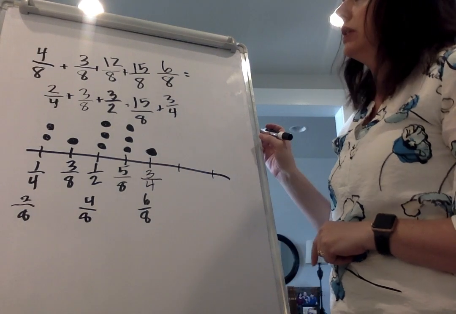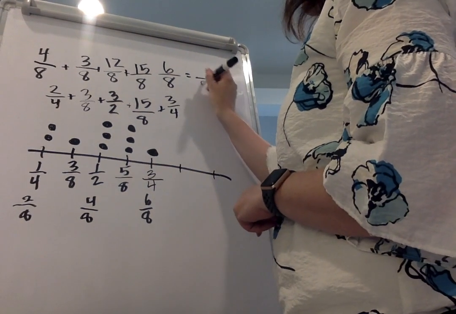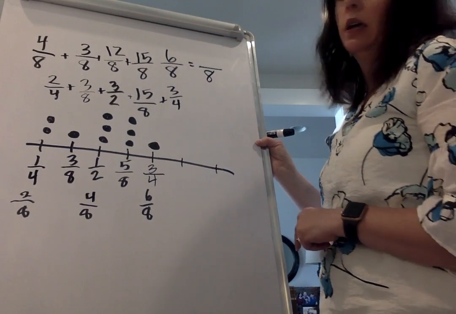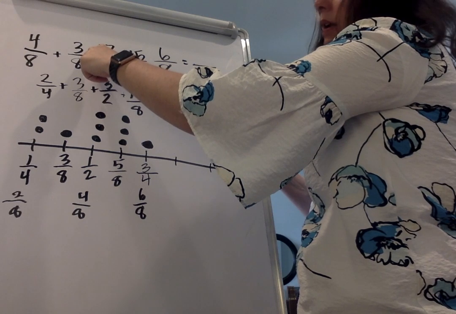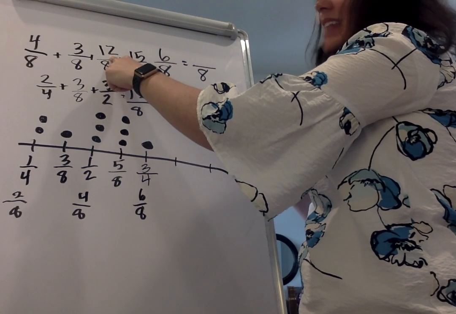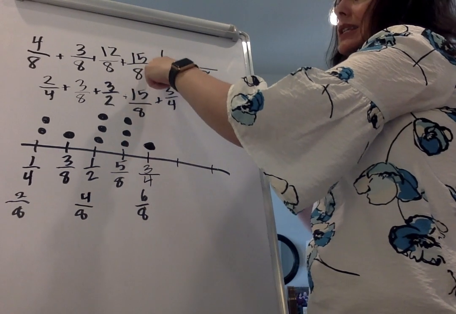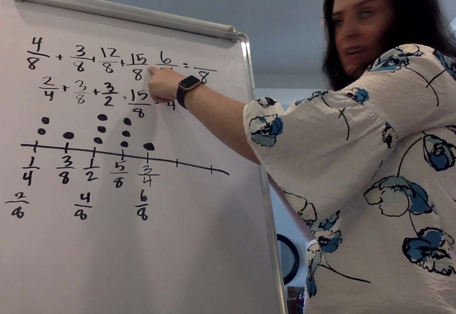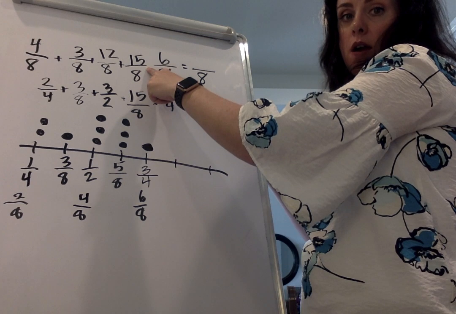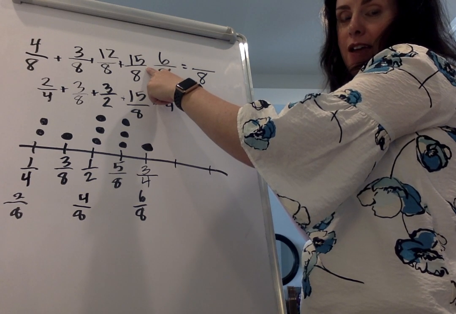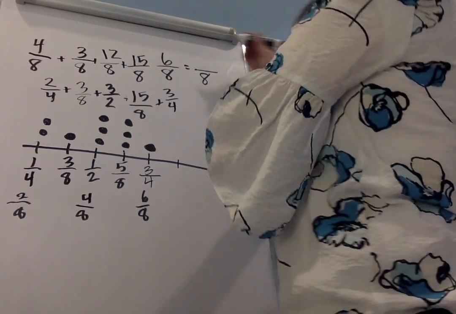Now we can add all these up. We know our denominator is 8, so I can write that over here on the side. Let's say, we'll go through it, 4 plus 3 is 7. 7 plus 12 is 19. 19 plus 15 is 34. Am I right? Plus 6 is 40.